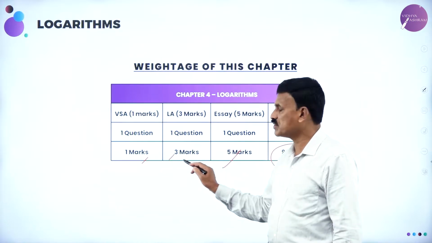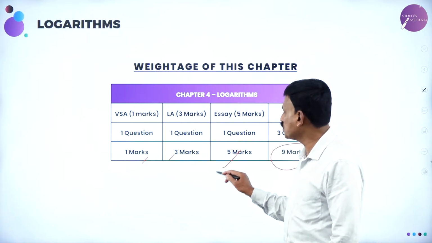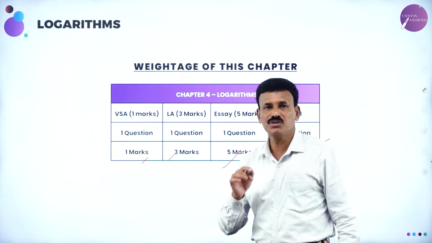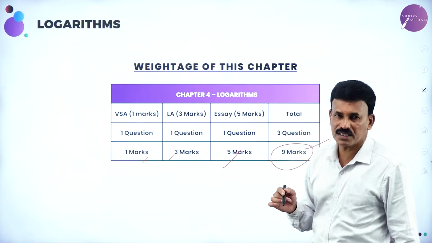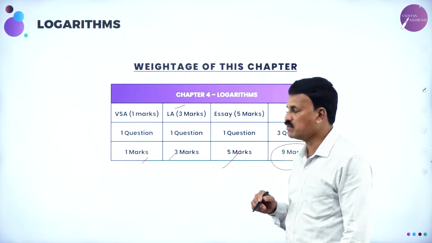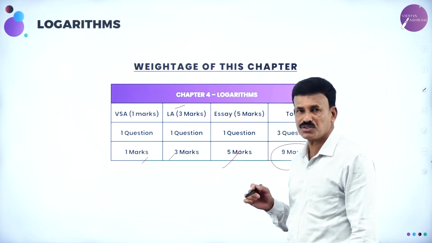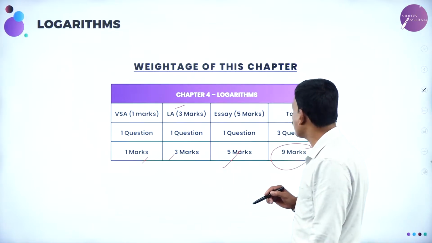So one very short answer question for 1 mark, a long answer for 3 marks, and an essay type question for 5 marks. Total you will get 5 plus 3 plus 1, 9 marks from this chapter.